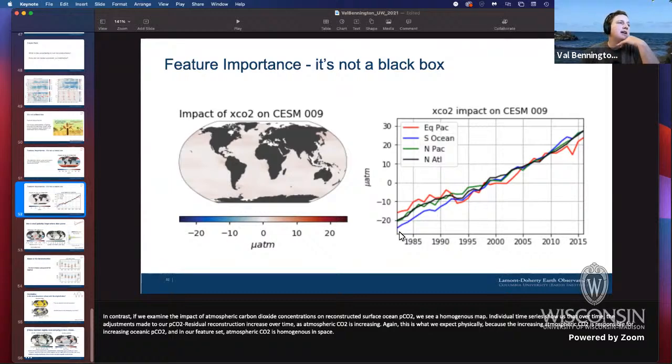And the impact is saying when atmospheric CO2 is higher, our residual is higher, which is also what we would expect. So it's increasing over time. So I am looking at the interpretability of the created models and finding that it is more physically what we would expect than in previous techniques I've used, if that makes sense.